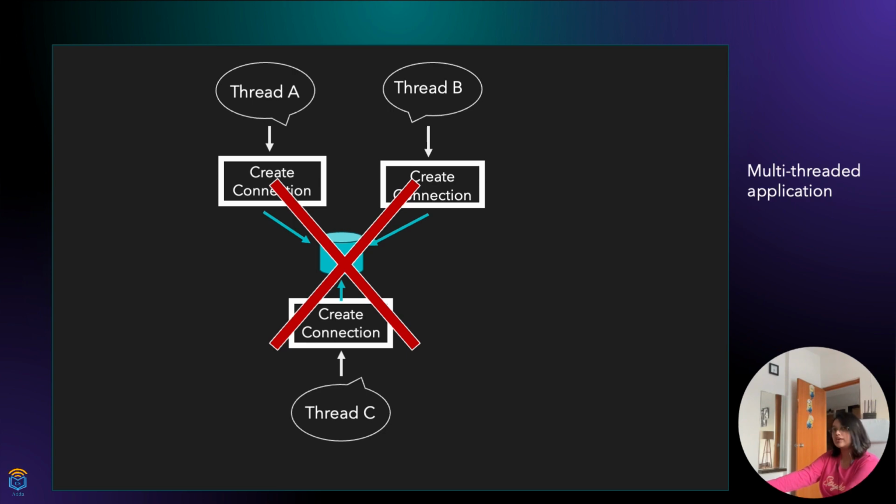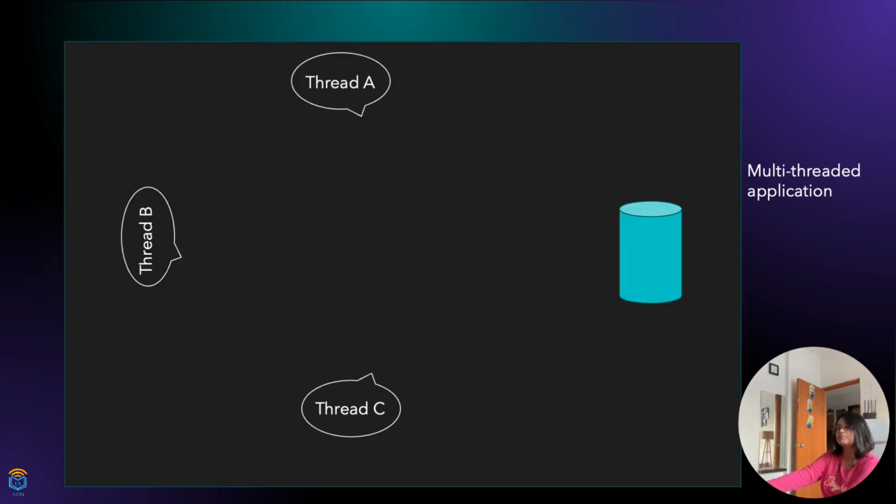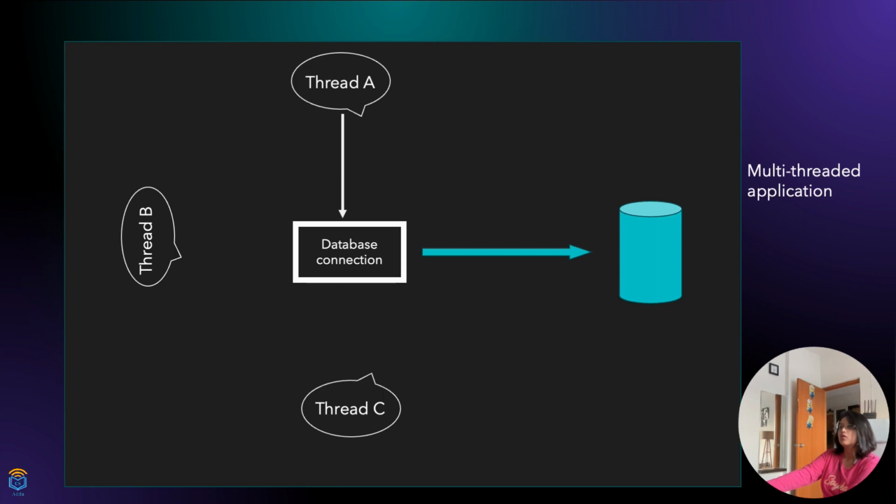Now moving to the actual design pattern for this, we have thread A, thread B, thread C and the same database. Thread A will try to see if we have any existing connection object or not. If we do not, it will create a connection object and get the data from the database.